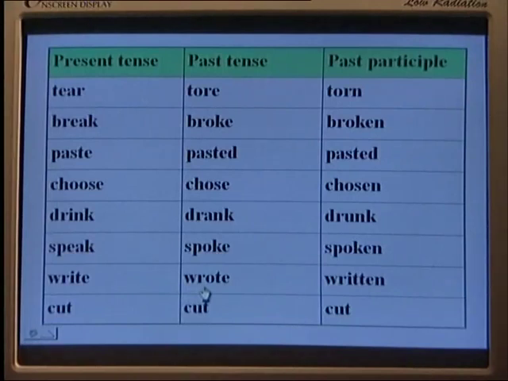Wrote, the past form of write, and written is the past participle form of write. Cut, cut, cut. There are certain words where present, past and past participle have the same spelling and pronunciation, like put, put, put.